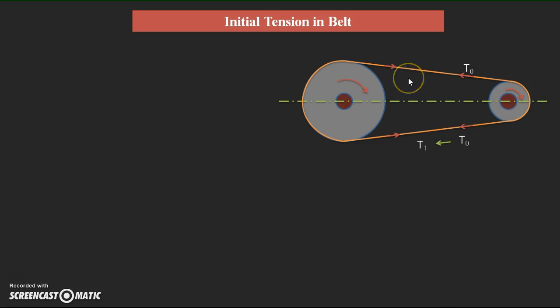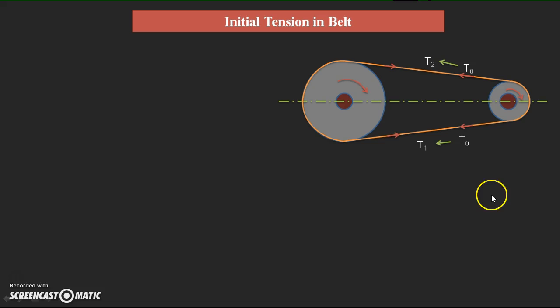Whereas on the slack side, the belt becomes loose, not tight, so the tension is reduced from T naught to T2. Like that the tension variation takes place during power transmission with the help of the belt.